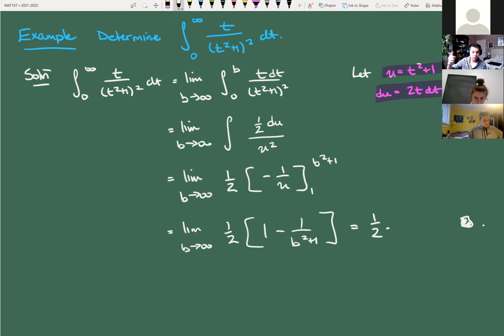And then I have to change the bounds, right? That's the important thing. So if I plug 0 into u, that's going to be 0 squared plus 1, which is 1. If I plug the upper bound of integration into this, that's b squared plus 1. That's how I got the bounds of integration. Right, and then I pulled the half out, all that stuff. Does that make sense?